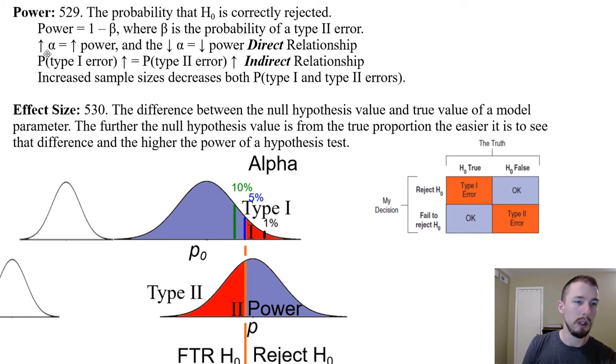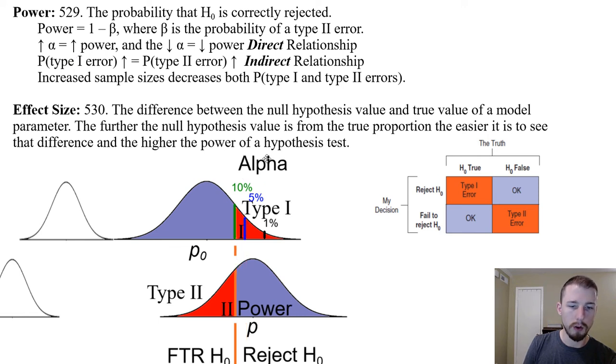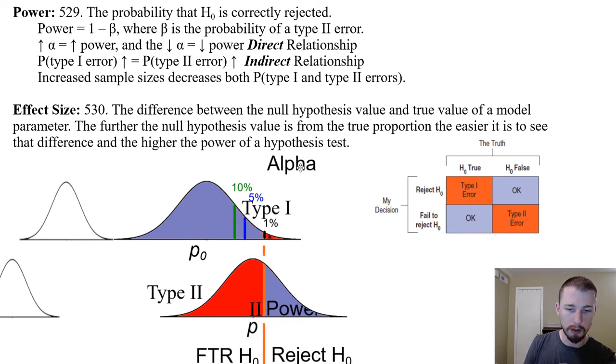All right, so as we increase the alpha level, then we also increase the power of the test. So as we allow for a less critical alpha level to be able to detect it, so smaller burden of proof to be able to call BS on the null hypothesis, that increases the power of the test. So you see, as we decrease that, the power of the test goes down.